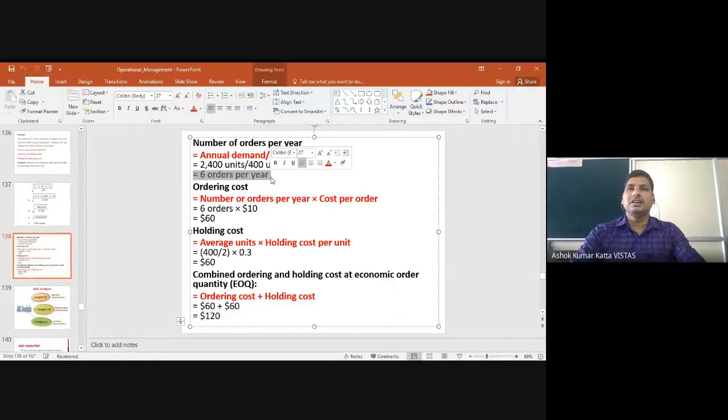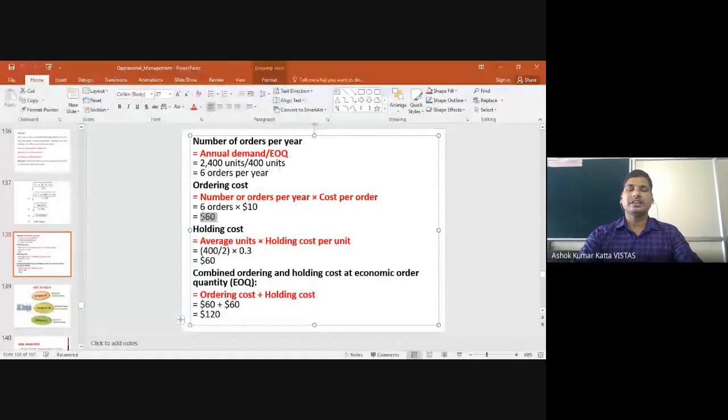It is almost like once in 2 months they are giving an order. So instead of that, they could go once in 3 months, one order, because continuously they are manufacturing for demand in the market. So you can minimize your ordering cost by going once in 3 months, one order. So you can come up with only $30.